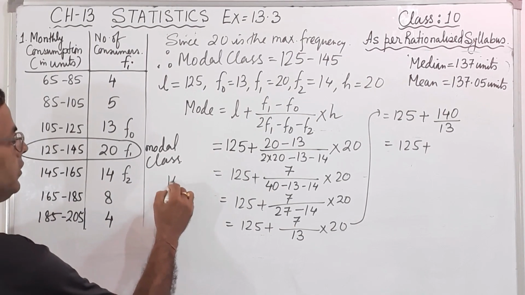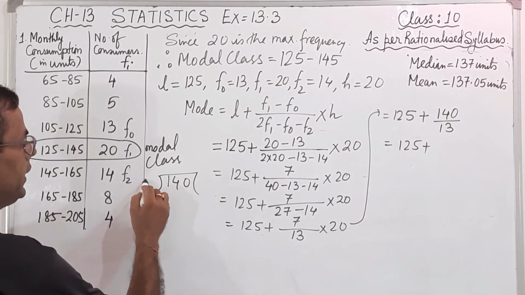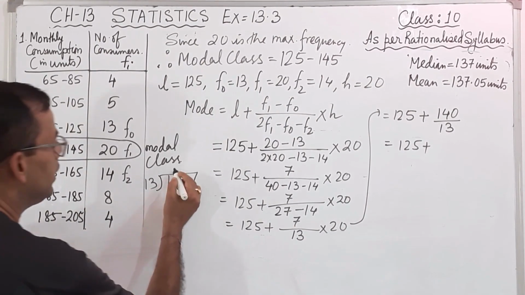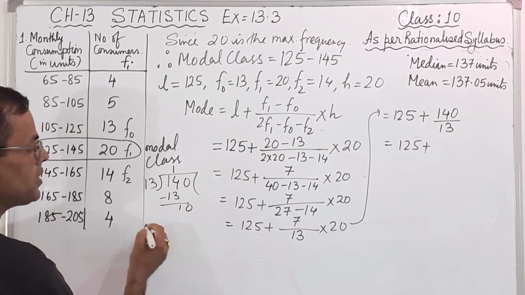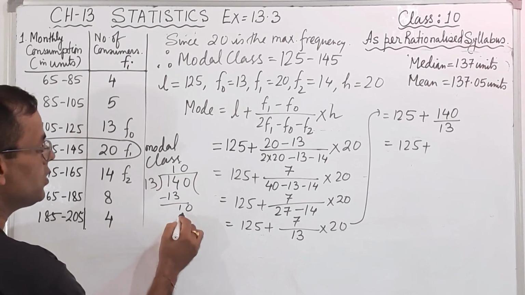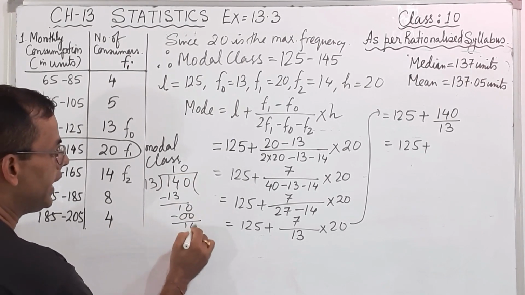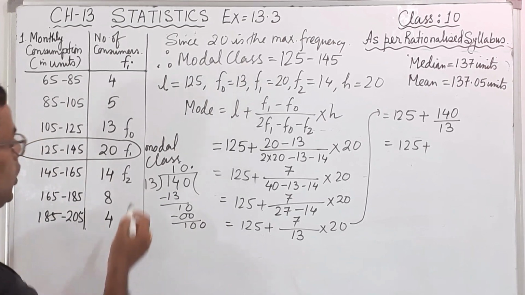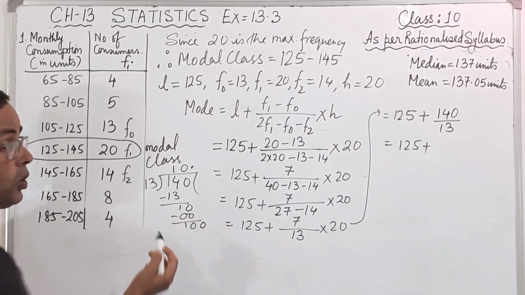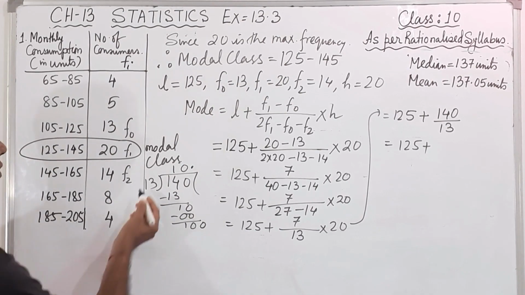So 140, if I divide by 13, 13 ones are 13. So 1 remainder, then 0 comes down, it is smaller, so 13 zeros are 0 only. So again 10. Now I will put the point and then 0. Now I will see which it goes closer to.